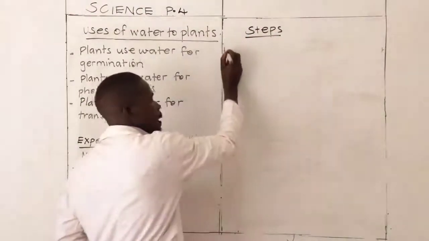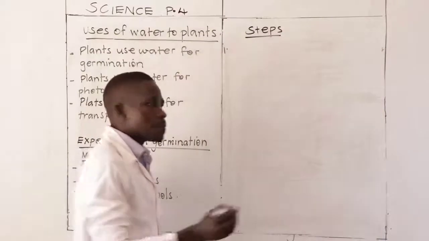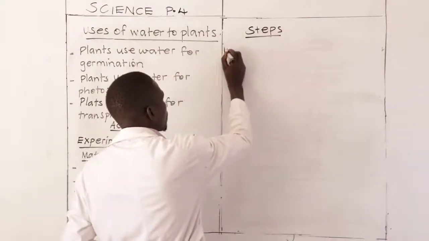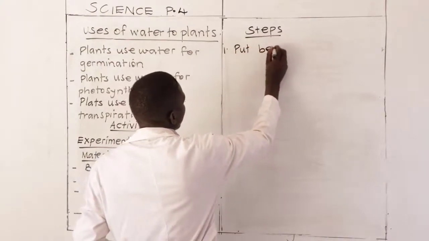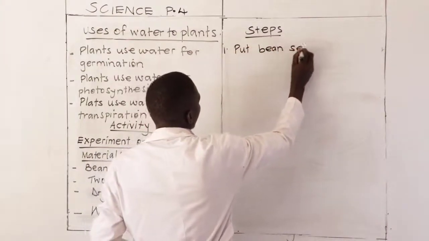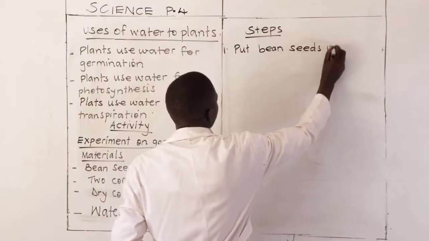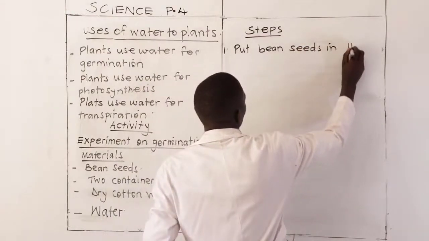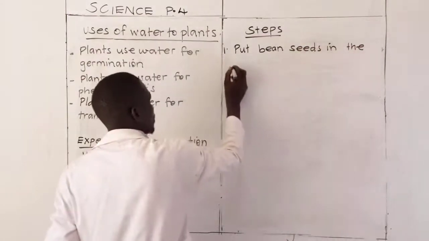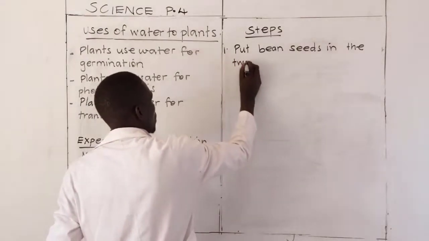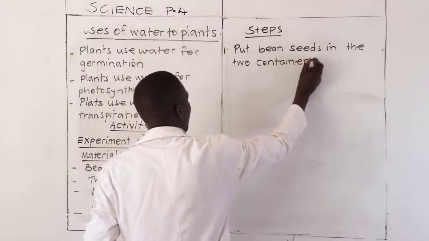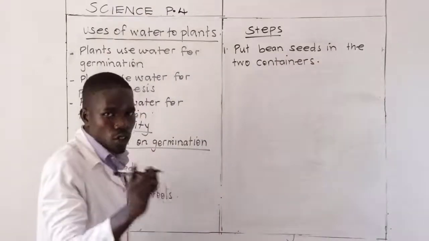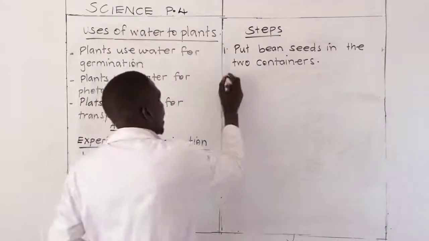Then you look at the steps. The first step: put bean seeds in the two containers. But remember, don't cover my containers.